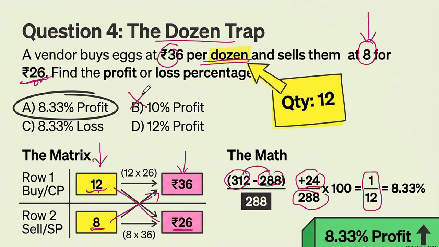So that means options B and D are wrong. And we are getting a positive answer, that means it is profit, not loss. So if you look at the options, these two options are already cancelled. And the positive sign denotes profit, that means option C is also cancelled, so no need to solve fully. Option A is the correct answer. Like this, you have to apply the trick in your exam.